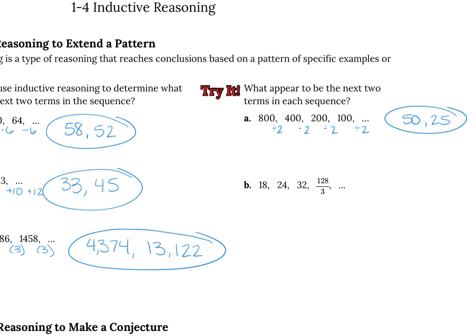To find what it's increasing by, the easiest way is to take 24 and divide that by 18. That's going to give us what it's increasing by. Once I simplify that, I would get 4/3. So my pattern is that we are increasing by 4/3 each time, so it'd be multiplying by 4/3.